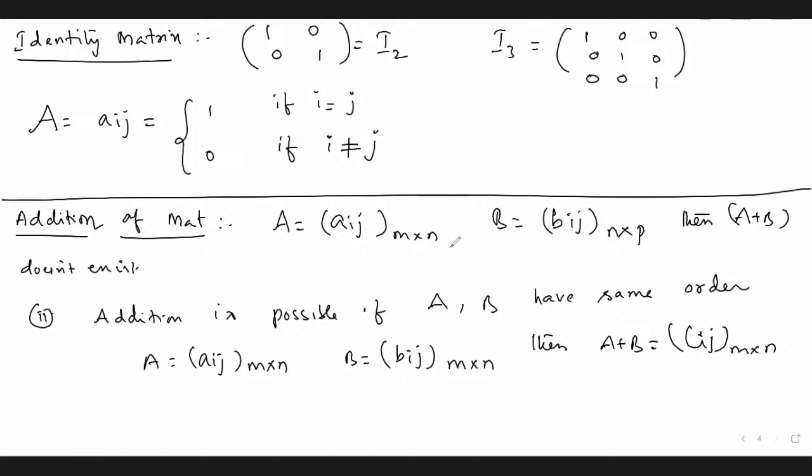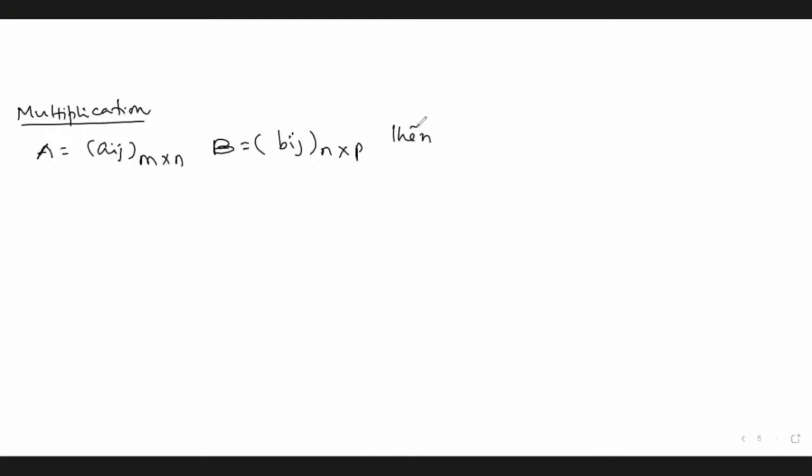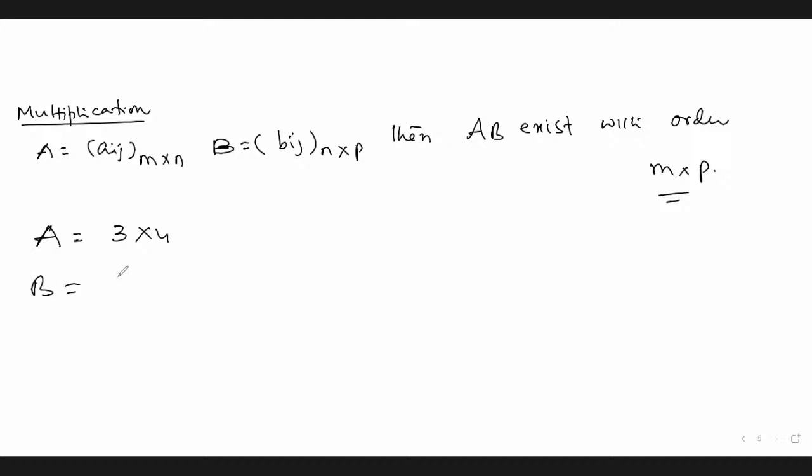Now, multiplication of matrices. If A is equal to Aij of M by N, and B is equal to Bij of N by P, then AB exists with order M by P. Now you can ask me, in this problem you are going to get one problem like order of A is equal to 3 by 4, order of B is equal to 4 by 3.